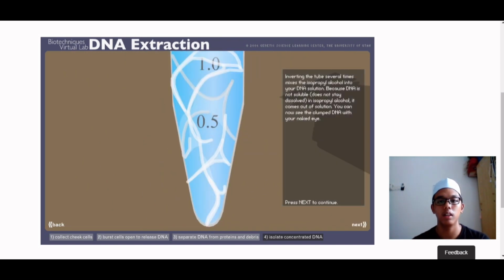Inverting the tube several times mixes the isopropyl alcohol into our DNA solution. Because the DNA is not soluble, it does not stay dissolved in isopropyl alcohol. It comes out of solution, so we can see the clumped DNA with our naked eye.